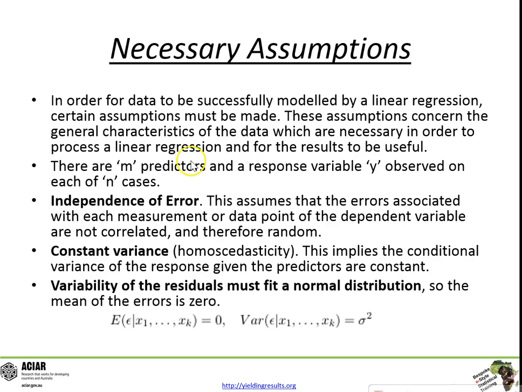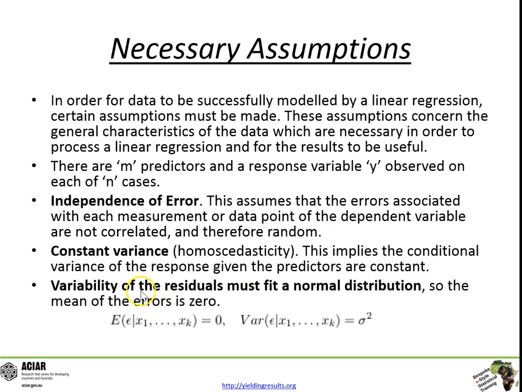So if we consider that we have predictors and we have a response variable and we've observed them on a number of cases, we want to consider that the errors associated with each measurement are independent, and the data points are actually independent, so that we've got no correlations in there and we've got sort of random data points. We want to consider that we've got constant variance, and this implies that our conditional variance of the response given the predictors is fairly constant.